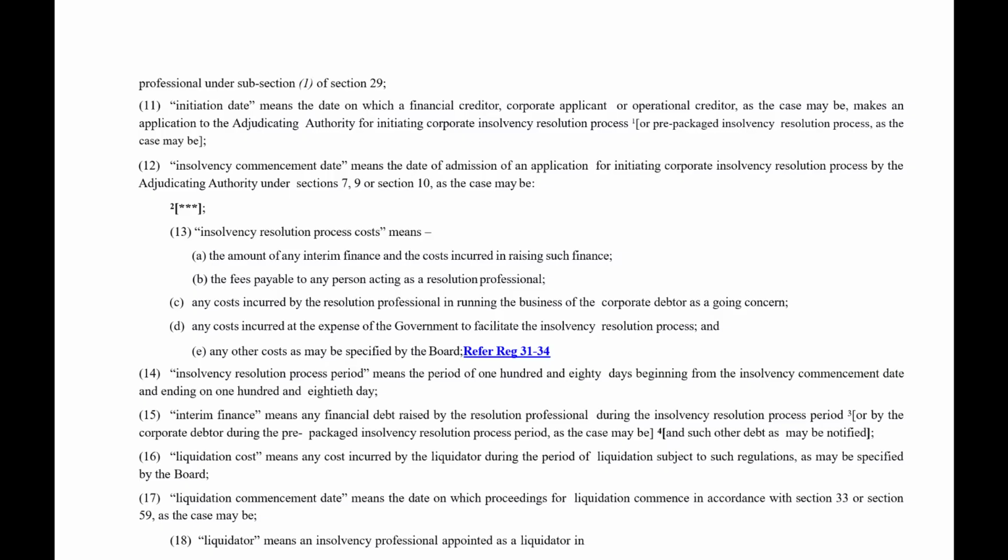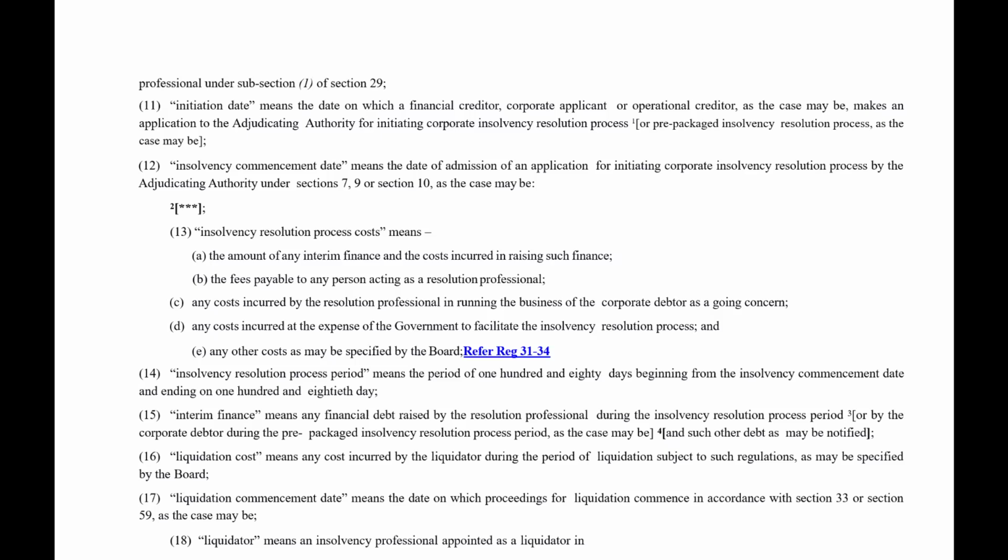So there is a distinction between the dues up to the insolvency commencement date, which include the dues before the admission stage, and the expenses or costs incurred by the corporate debtor in order to run that business during the insolvency period. That is also given priority and it is included under insolvency resolution process cost, right?